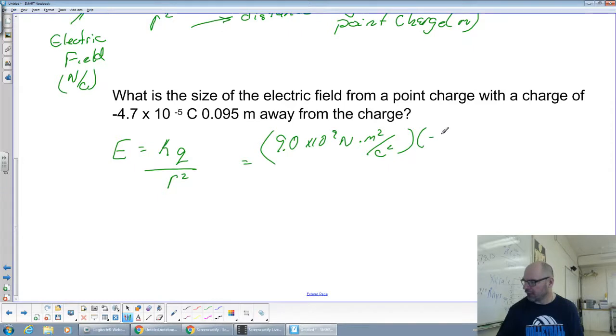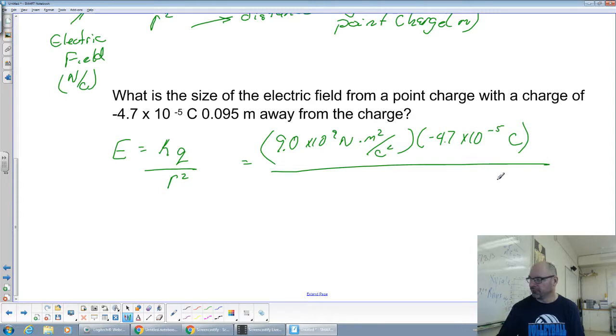Q is this negative 4.7 times 10 to the negative 5 coulombs. We're going to get this over 0.095 squared meters squared. So the meters squared are going to cancel out, and one of the coulombs is going to cancel out. So we're going to get newtons per coulomb when we work it out.